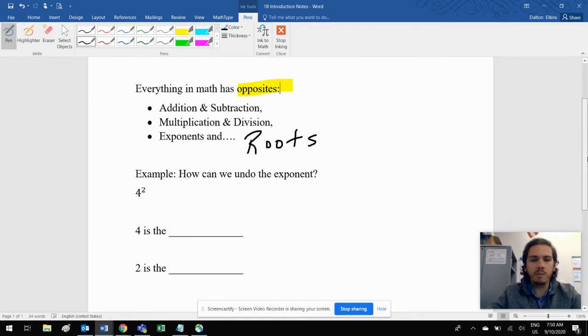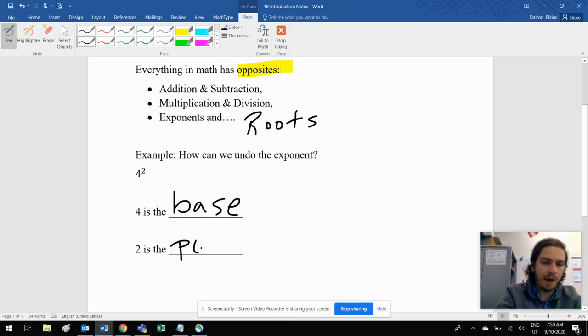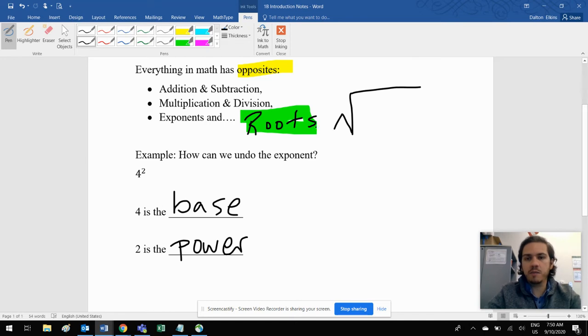So let's look at an example and figure out how we can undo this, right? We have 4 to the power 2. So 4 is the base, 2 is the power. If I want to undo this and just get the 4 back, what I'm actually going to use is a root. And the roots are the symbols that look like this. They kind of look like a big check mark with a horizontal line up here.